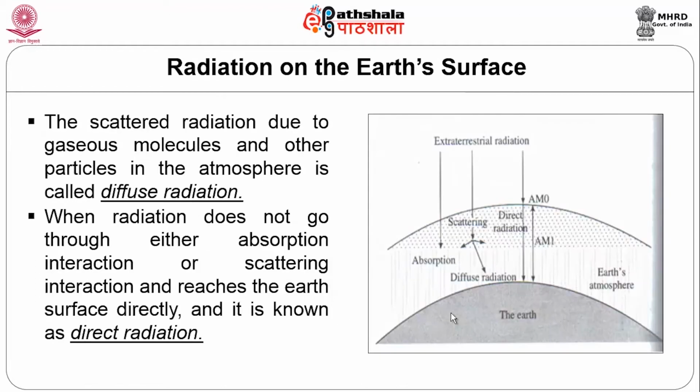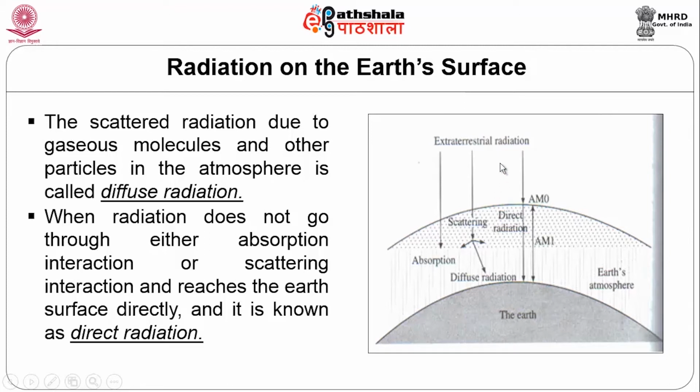And radiation on the earth's surface: the scattered radiation due to gaseous molecules and other particles in the atmosphere is called diffused radiation. So this is the earth, and this imaginary line is the atmospheric level.